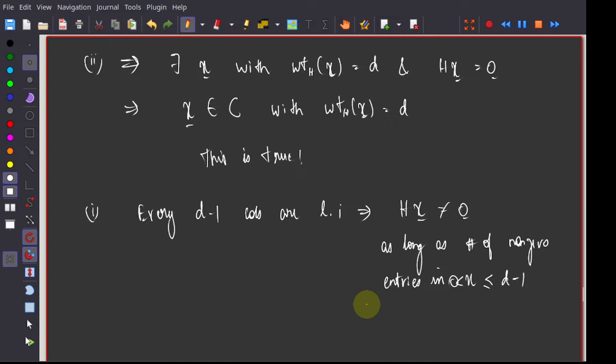Correct. So X cannot be a code word. Why? Exactly. Yes. So the Hamming weight of X is less than D, so it cannot be a code word. Right?